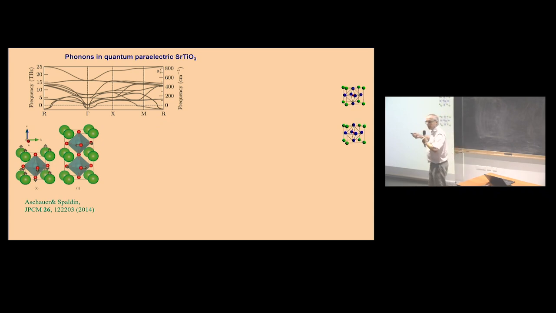Theorists calculate the phonons in the Brillouin zone in the cubic phase, and frequently they obtain negative frequencies at some q vectors, let's say at the gamma point and also at the R point. What does it mean? It means that this cubic structure is not stable, and it has a tendency to go to a lower symmetry phase.